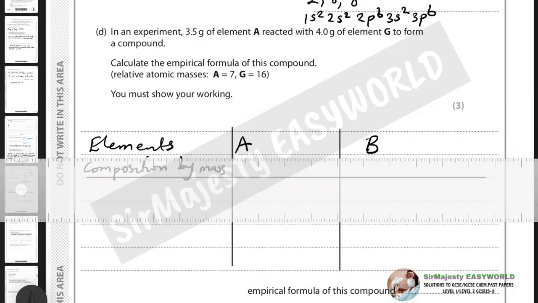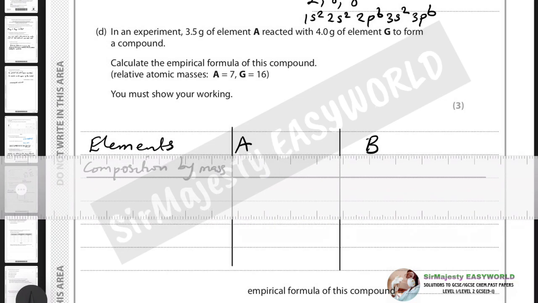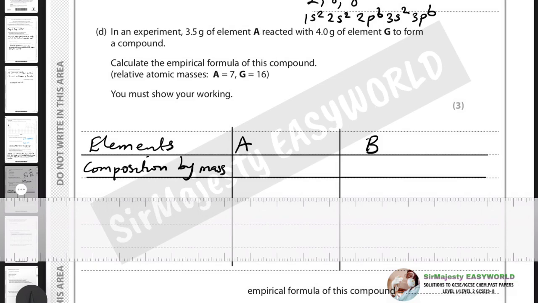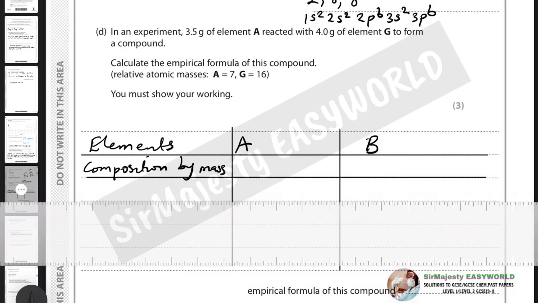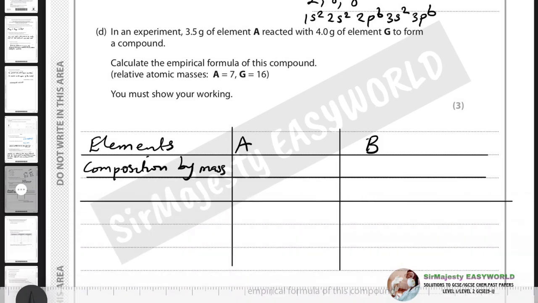You state the relative atomic masses of the elements. The line is already there. The next is the relative atomic masses of elements.